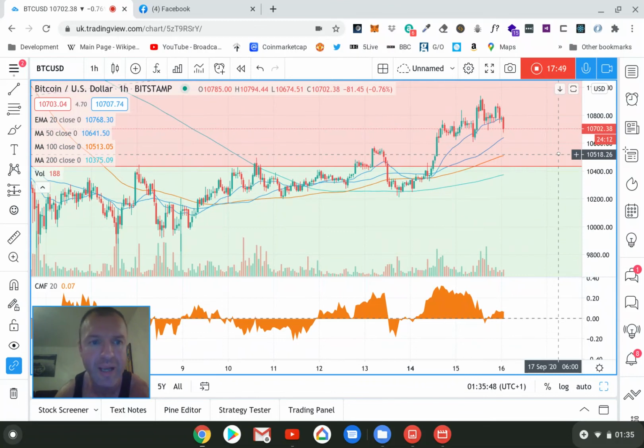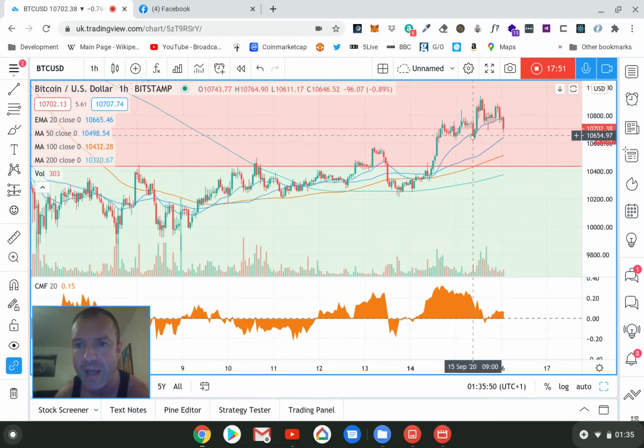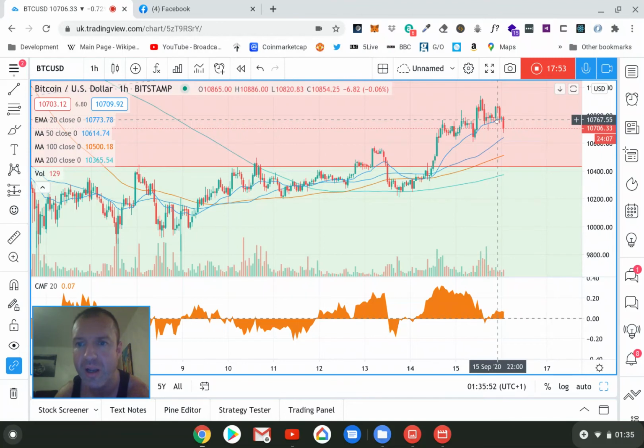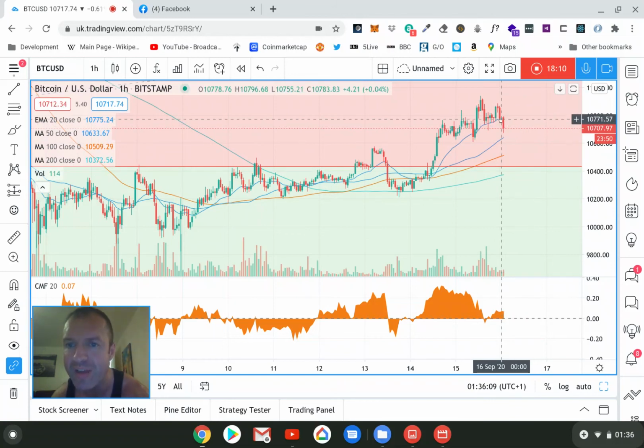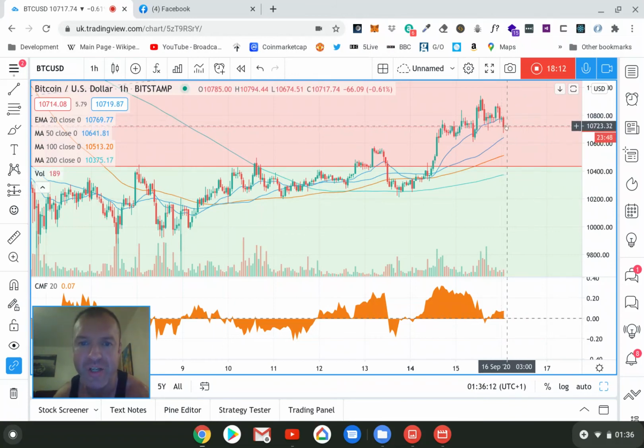We've lost that moving average there. It was really hugging this moving average, and it's lost that since the close. The candle since the close, Bitcoin has come down and lost that, and it looks like it's going to close below it. This hourly candle, which began at 1 o'clock at the close. If it gets above that before 1, it'll be a change of story.